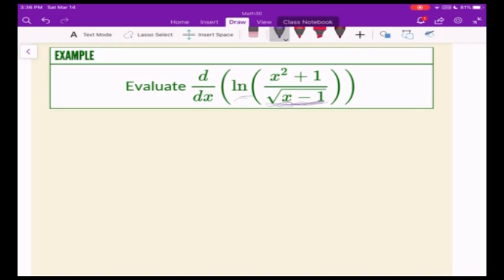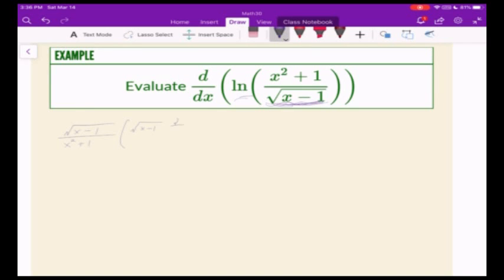So using the chain rule, I'm just going to take the 1 over whatever's inside the natural log for my derivative, except when you take 1 over a fraction, that's really just flipping the fraction. So I'm just going to take 1 over this fraction, but really call it square root of x over x squared plus 1, and then times the derivative of what's inside.